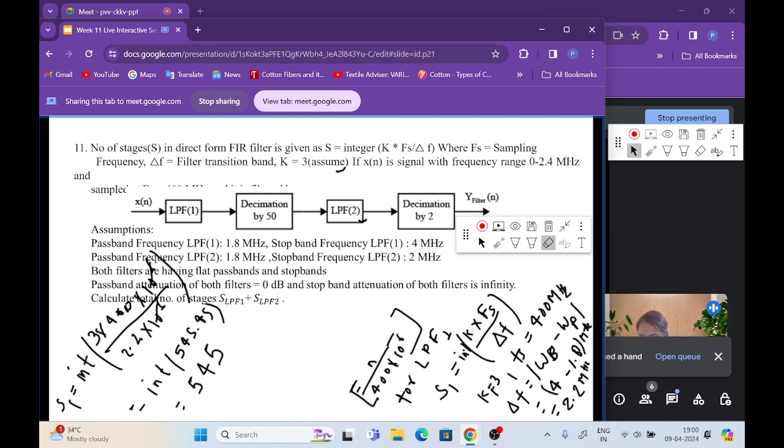In the same way, we have to calculate the number of stages for low pass filter 2. So I am removing it from here.